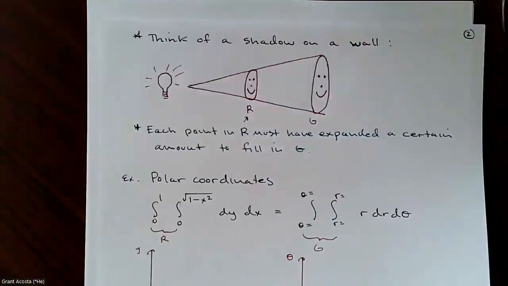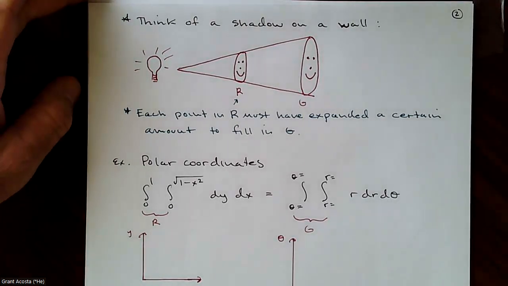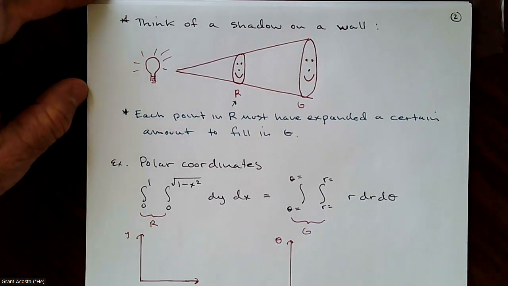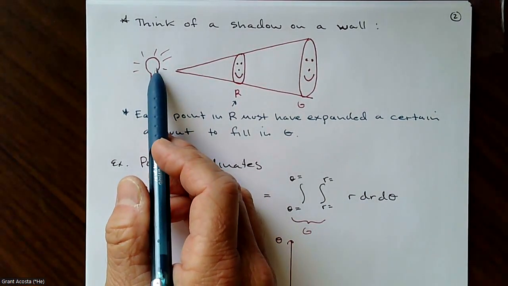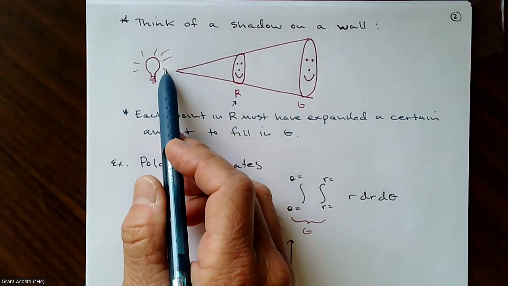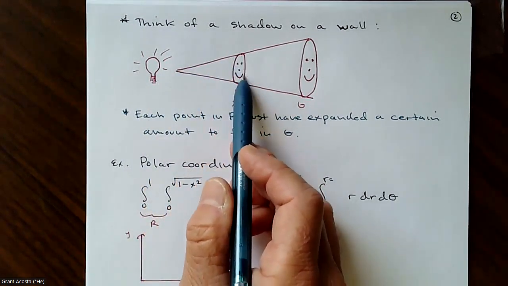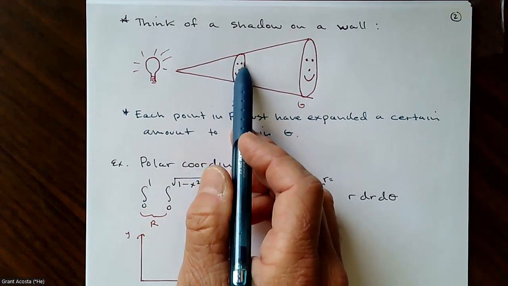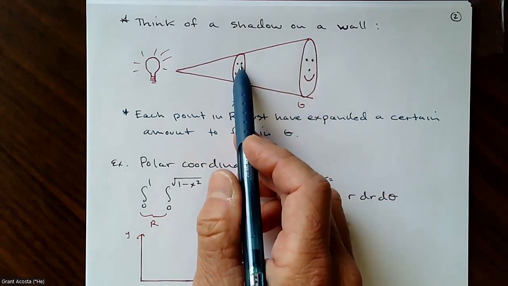Another analogy for what's happening when we do a substitution, I like this analogy, is thinking of a shadow on a wall. If you've got a light bulb here, and cast some light, and you had a smiley face image, and let's say you had a closer wall, it would give you a certain image, but if you move the wall back, you would get a larger image of the same thing.